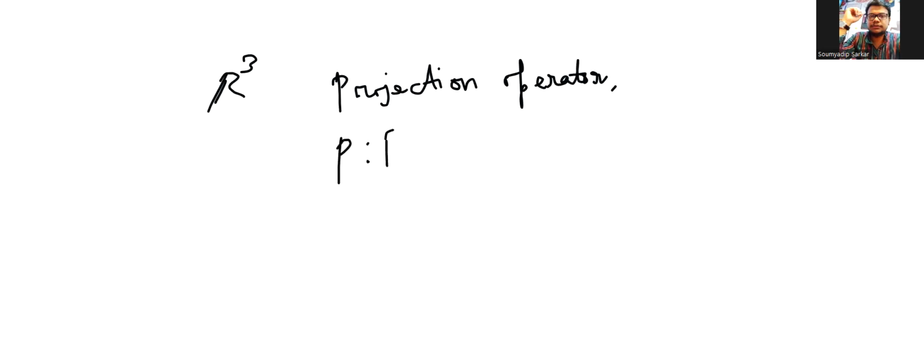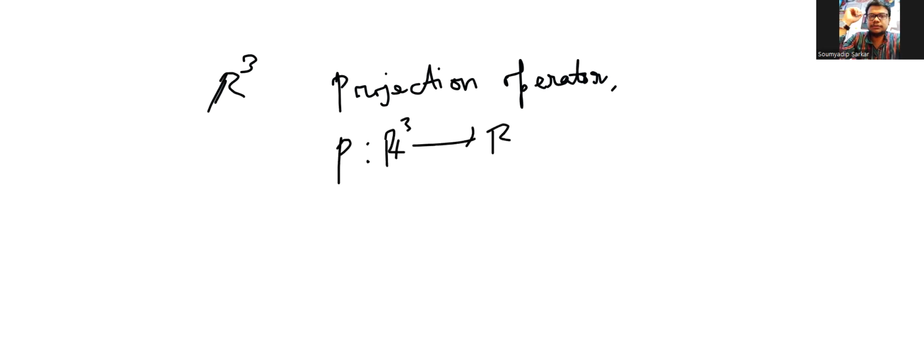Then I can define a projection operator P from R^3 to R^3.